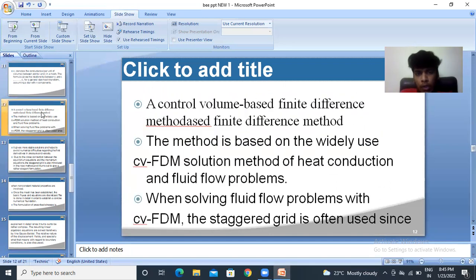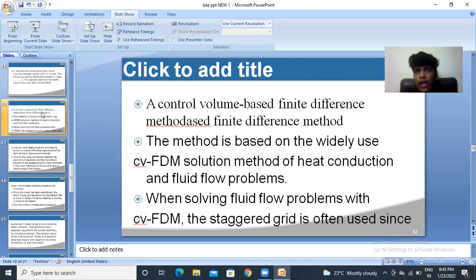A control volume based finite difference method. The method is based on the widely used CVFDM solution method of heat conduction and fluid flow problems.